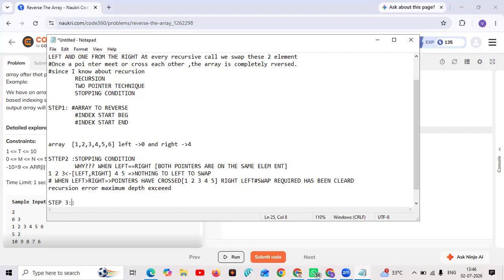It's not a very complex thing to understand: we have left and right pointers, and if the two pointers are on the same element, that means nothing to swap, and if they have crossed, the array has already been reversed.